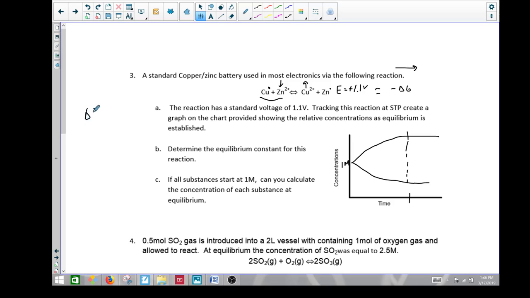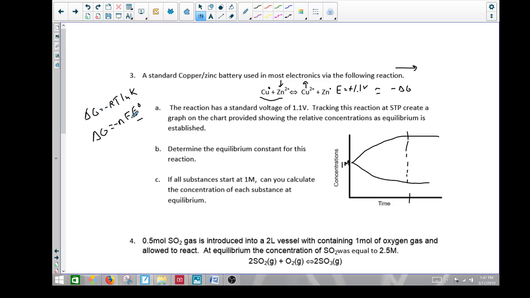Delta G is equal to negative RT natural log of K. We have another one, which is delta G is equal to negative n times Faraday's constant times the standard electrical potential. What they want you to do here is to use two equations: we have this, flip to delta G, and then use delta G here to find K.